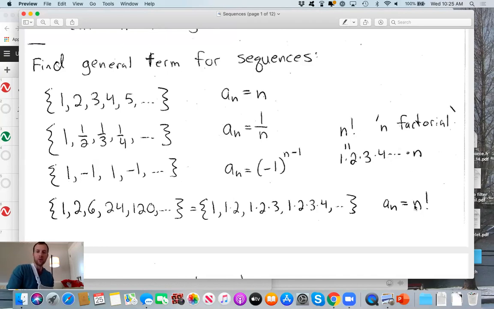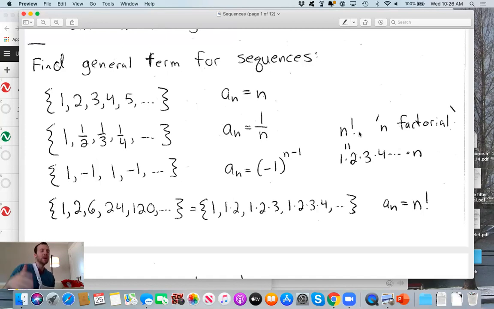And so n factorial is the general term of this sequence, starting with 1 factorial and 2 factorial and 3 factorial. And we know that those are the right terms because actually computing 3 factorial, for instance, is 1 times 2 times 3, which is 6. So this factorial is a sequence-specific kind of function.